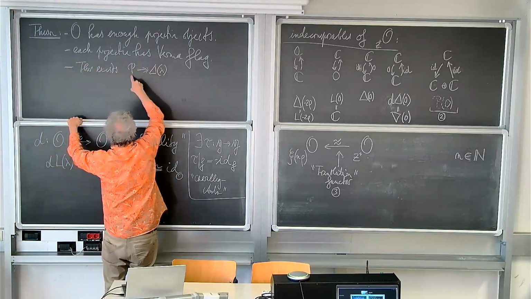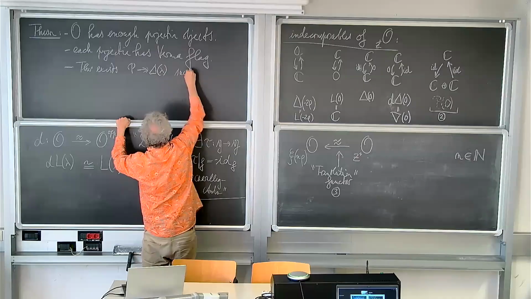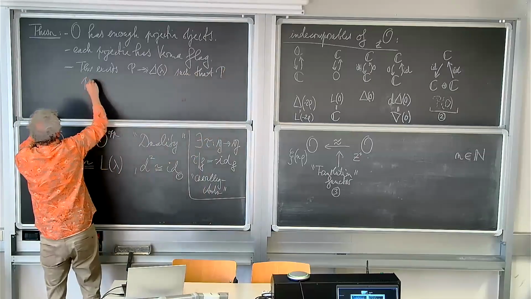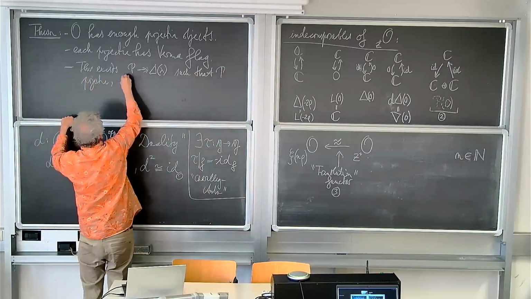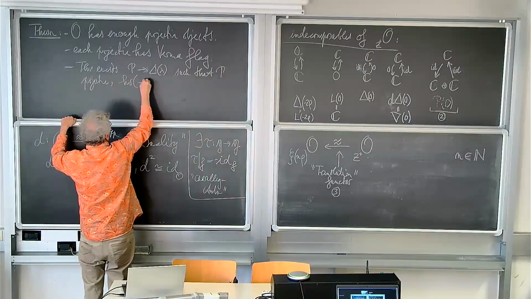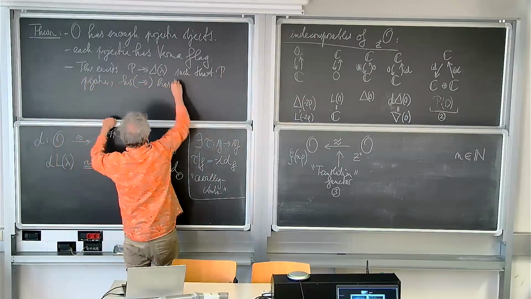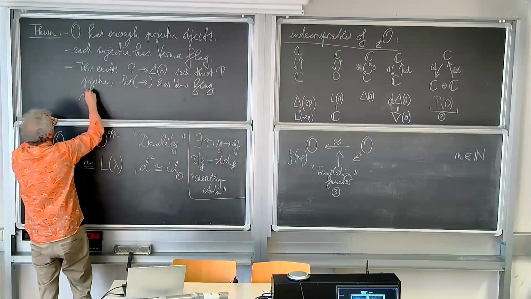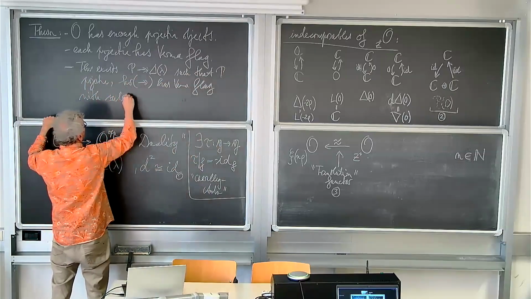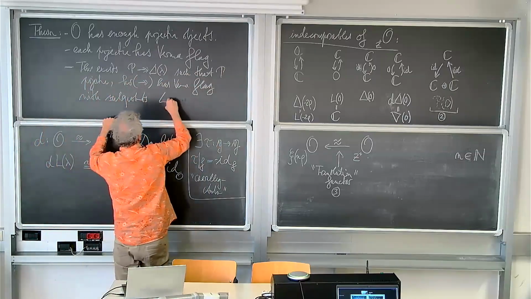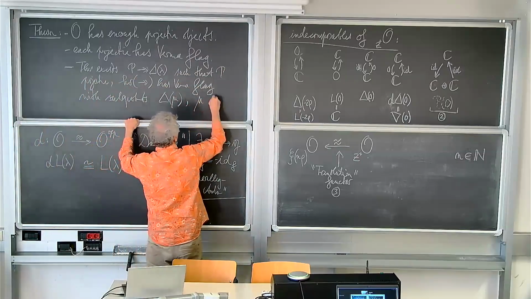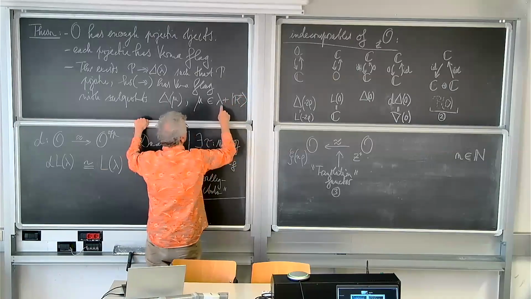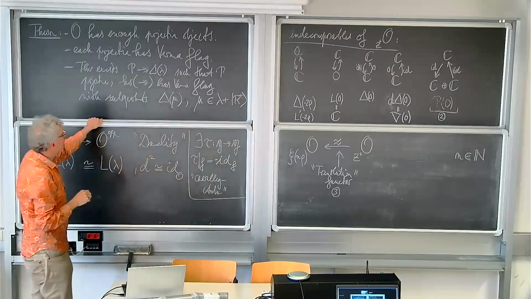There is a projection of a projective onto a Verma module such that E is projective and the kernel of this projection has a Verma flag, with subquotients Δ(μ) for μ in λ plus some sums of positive roots.